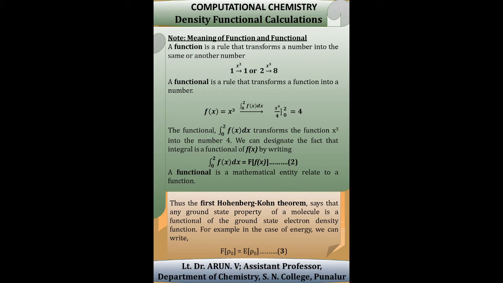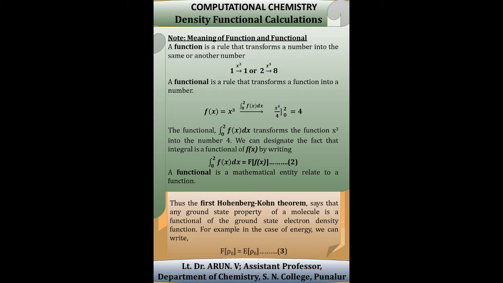A functional is a rule that transforms a function into a number. A function is a rule that transforms a number to another number or the same number, whereas a functional is a rule that transforms a function into a number. For example, f of x is a function, or f of x is equal to x cube.